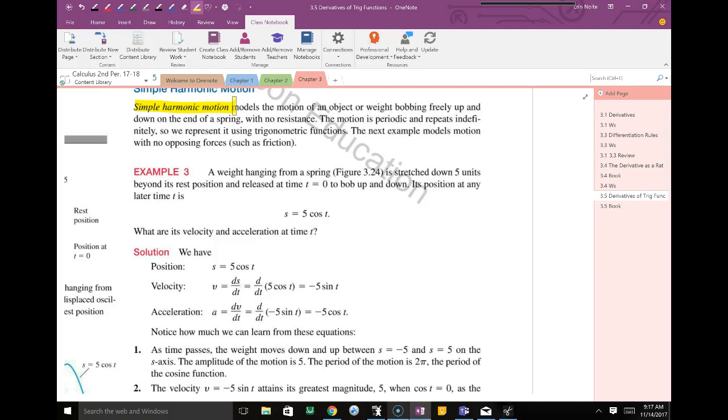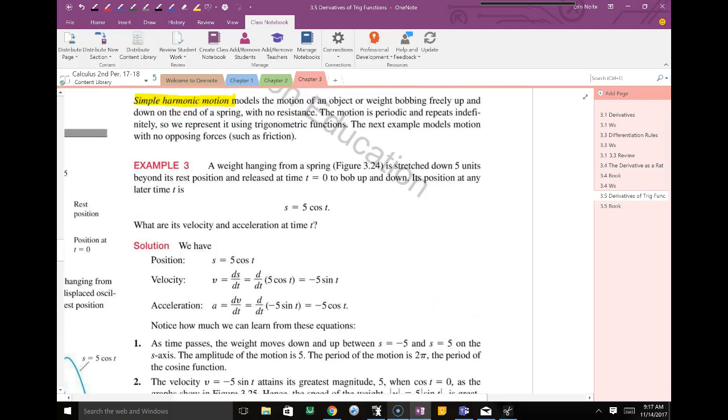Well, you can use that sound wave to analyze velocity and acceleration for harmonic motion. It also comes into waves in the ocean, tsunamis. They use that kind of calculus to analyze those kinds of equations.